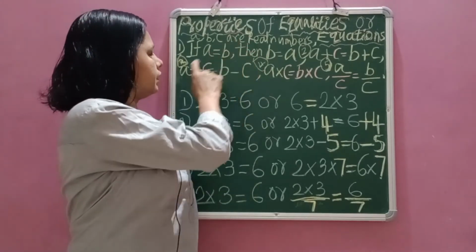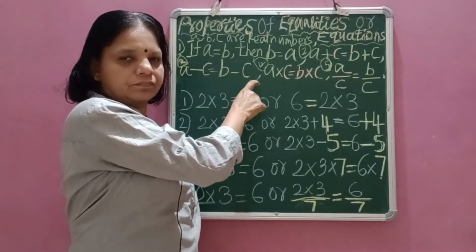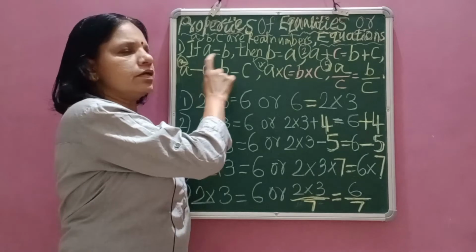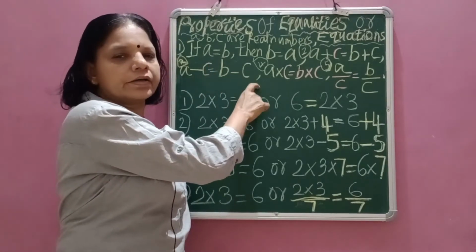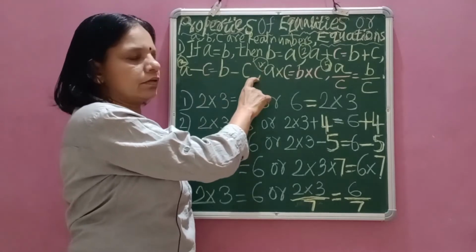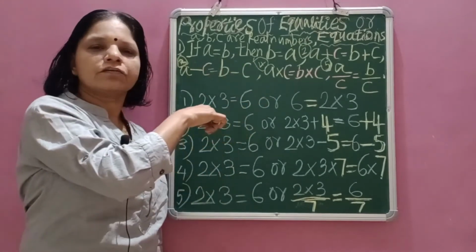Whatever changes you are doing in LHS, the same change you have to do in RHS. Here subtracted C, here also subtracted C. Then A minus C equal to B minus C.